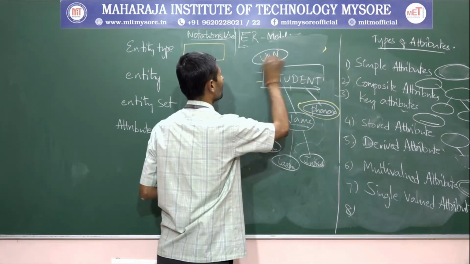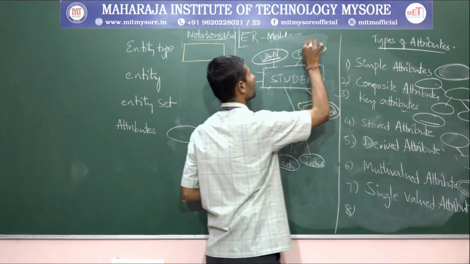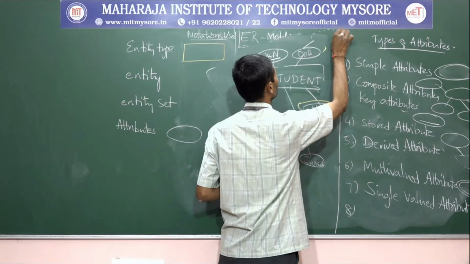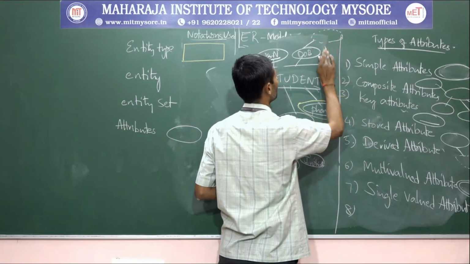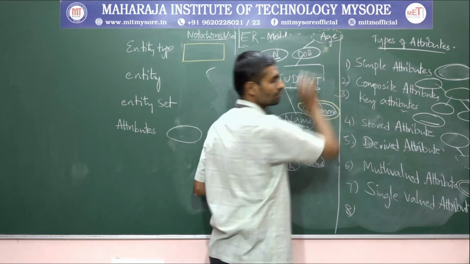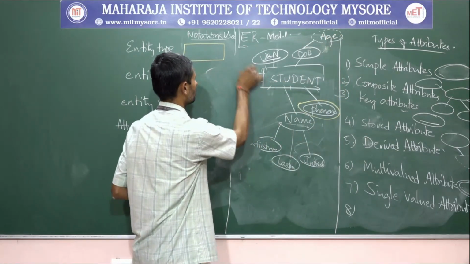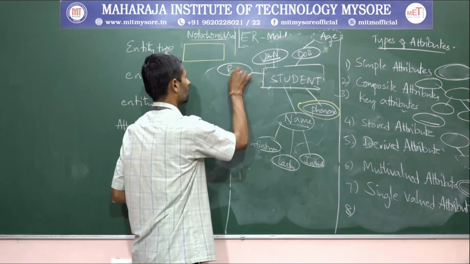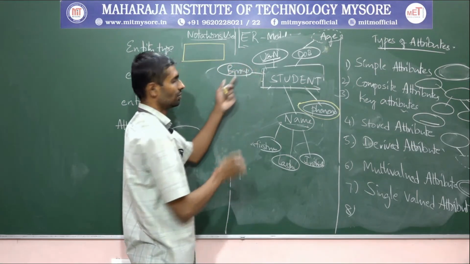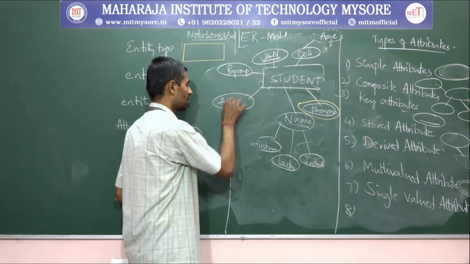USN, key attribute. Multi-valued. Derived attribute. Blood group, let's assume this is single valued. Let's assume I'm having an address.